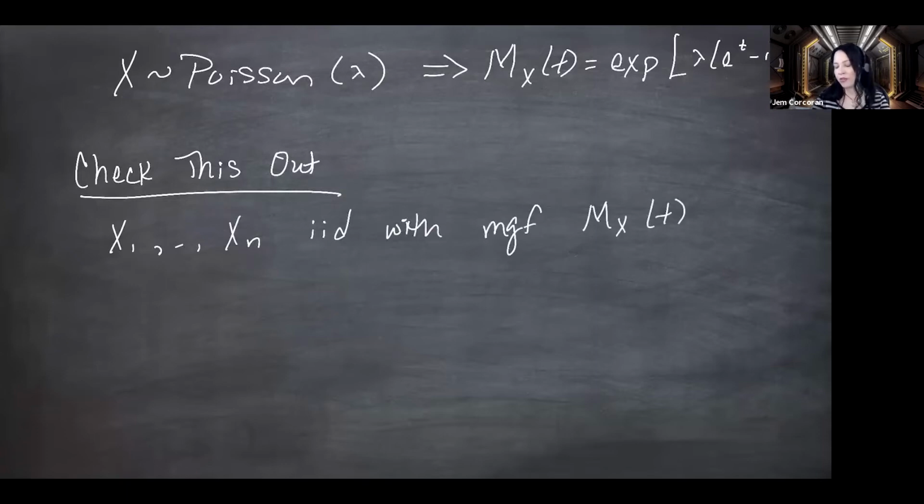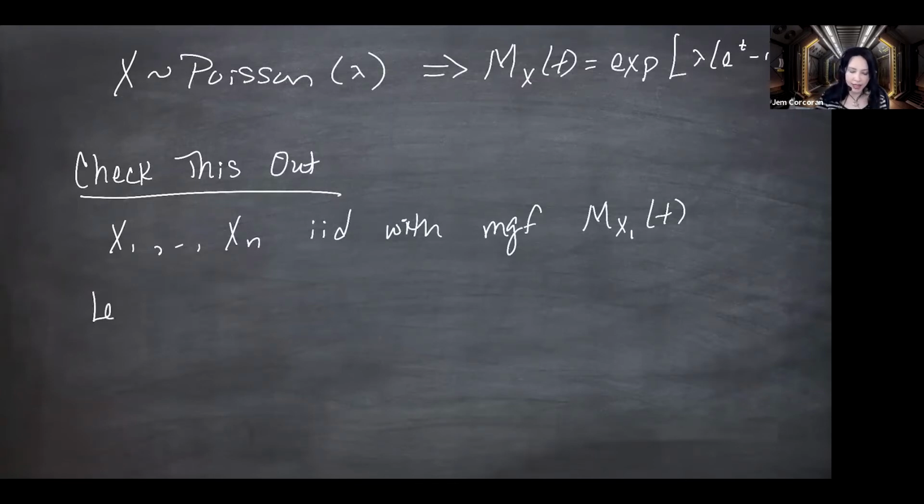Well, there's no x in the problem; this is supposed to be representing a generic one. But if it's upsetting to see m sub x and there is no x, I could write m sub x sub 1. So it's the moment generating function for the first one, but they're all exactly the same. Not that the random variables are the same, but those expectations are the same for all of these. So they all have a common moment generating function.